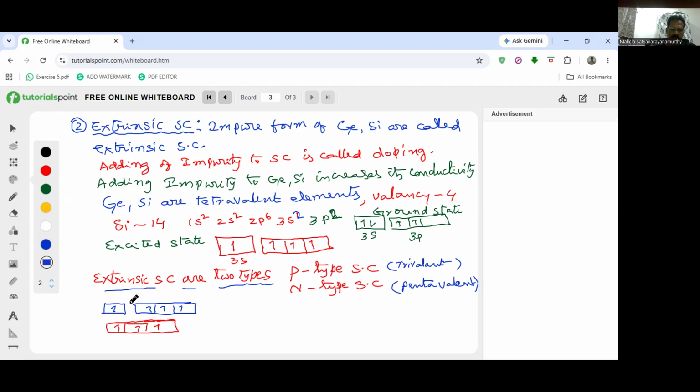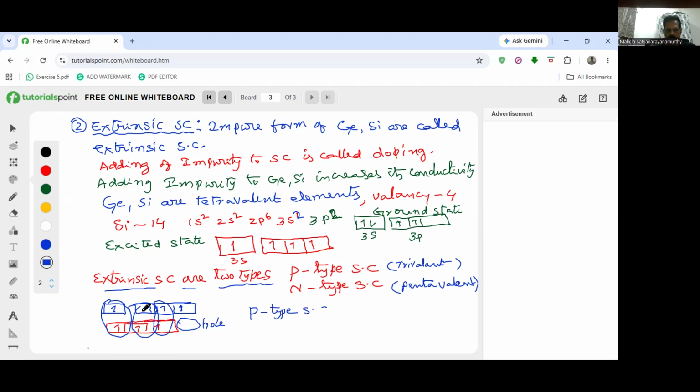What happens? These electrons will form the covalent bonds. Here, for pairing of this electron, you will have a deficiency. This is called a hole. So deficiency of electron is called hole. This is the p-type semiconductor.